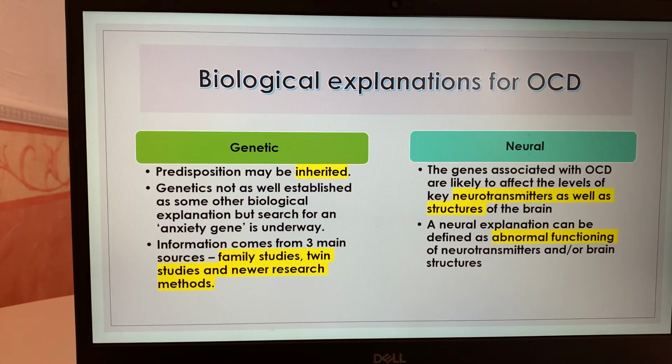So for example, for OCD, the basal ganglia doesn't perform as well as it should compared to control groups, and the prefrontal cortex, which you'll have a look at as well. So the neural explanation is about how the genes have affected neurotransmitter levels and brain structures.